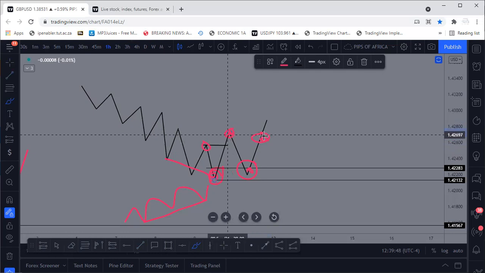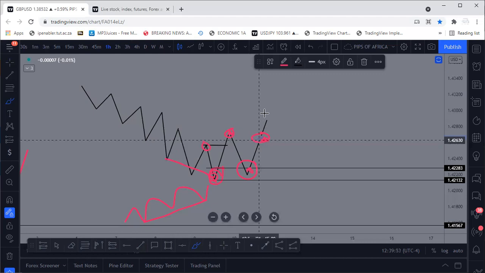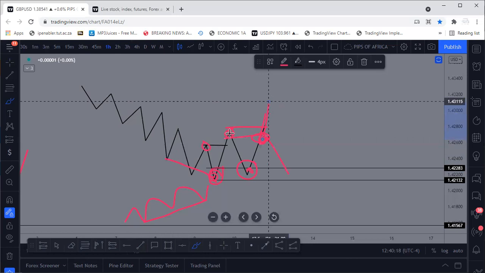Then the price introduced another order block here or demand, and then it shot to the upside. This is the demand that broke this supply that was here. Or this is the order block that broke this order block that was here. It was supposed to be rejecting here and then go low, but it didn't do that. It introduced the demand here and then broke above this order block here.